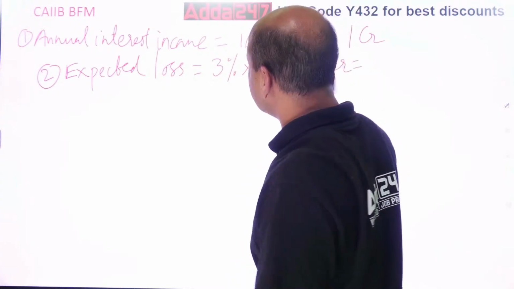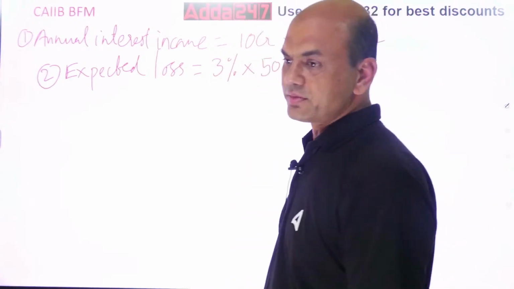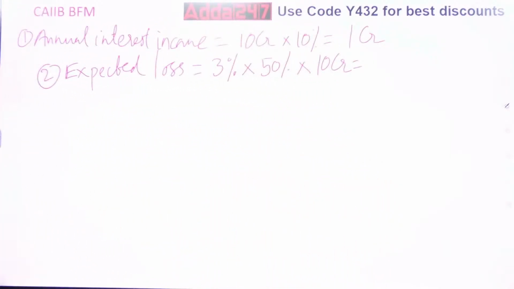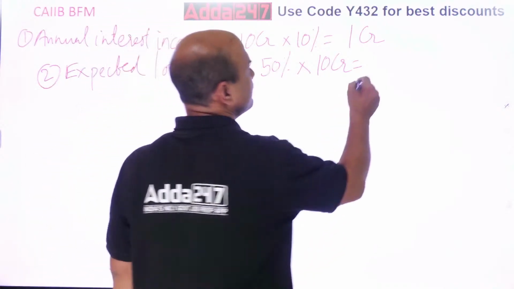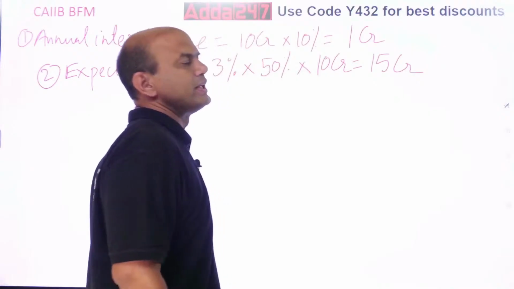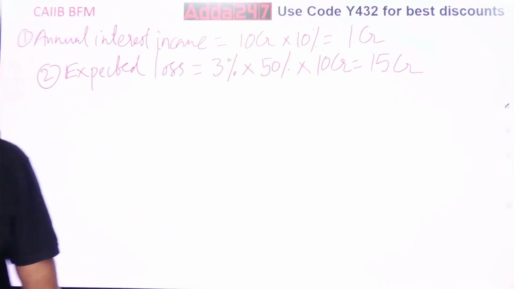So what is the answer now? 5 3s are 15, so 1.5% of this 10 CR. So that is equal to what? 0.15 CR. Everyone clear on this? This is your next step, expected loss.